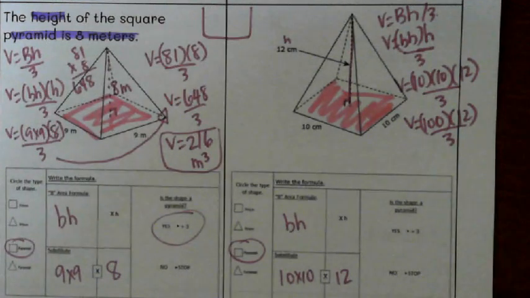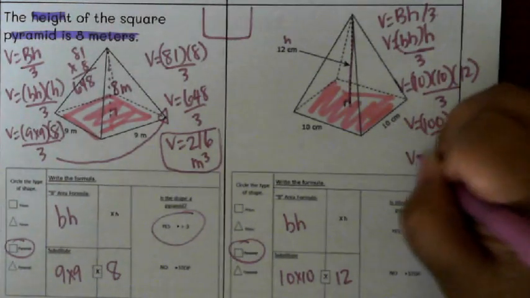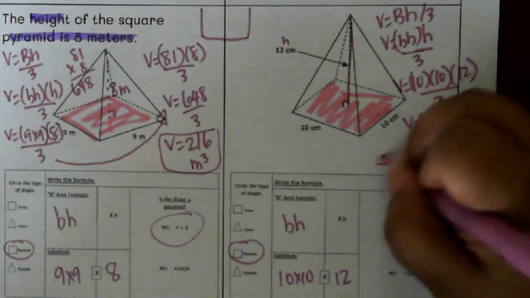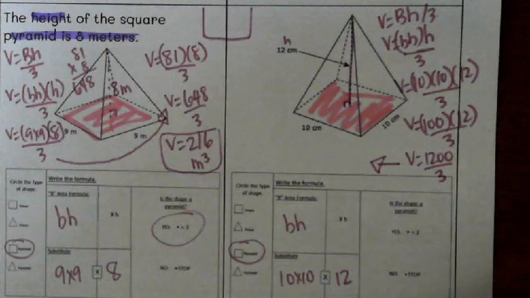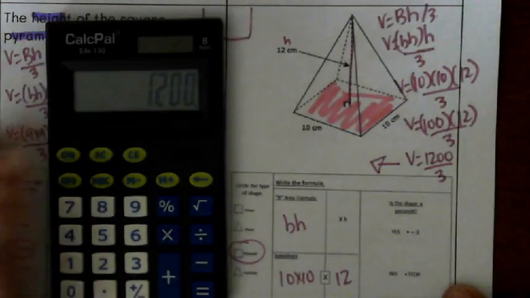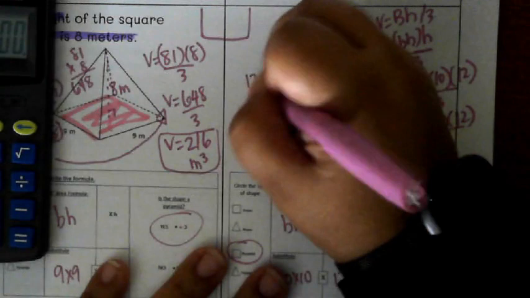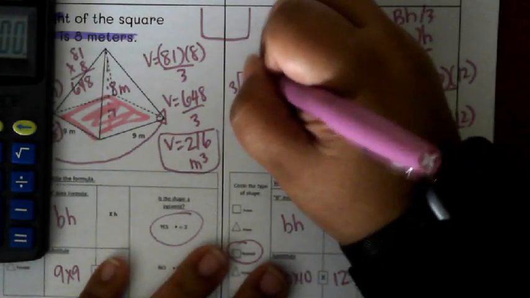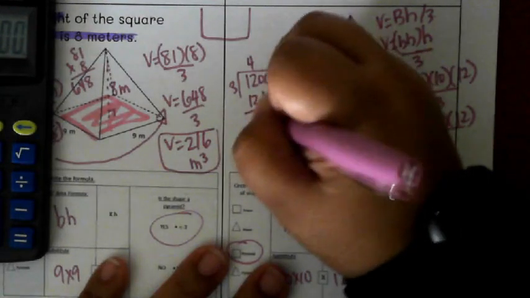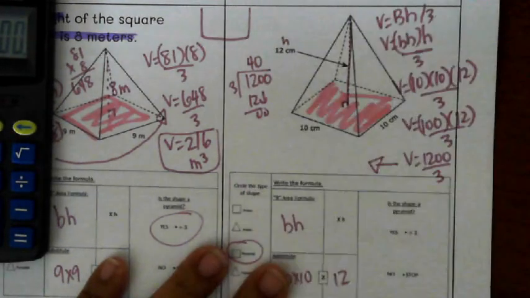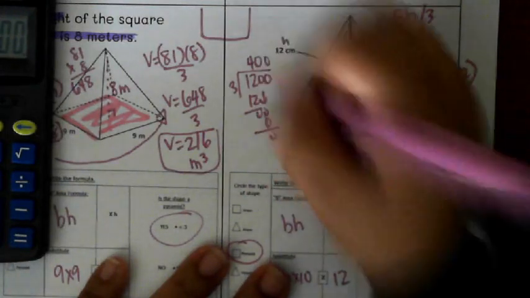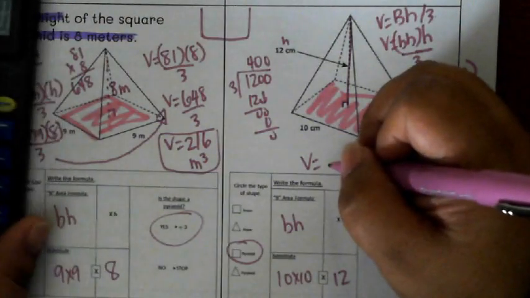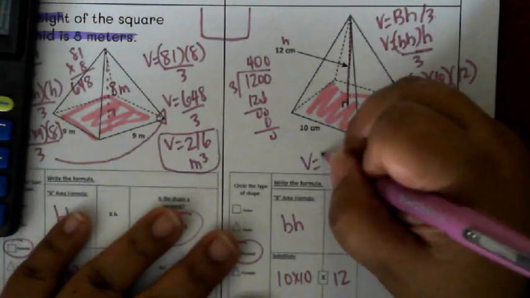I'm going to move the answer over here since I ran out of space. 1,200 divided by 3. 3 can go into 12 4 times, and then into 0, and again 0 times. So volume is equal to 400 centimeters cubed. Now remember, we divided by 3 because it is a pyramid.